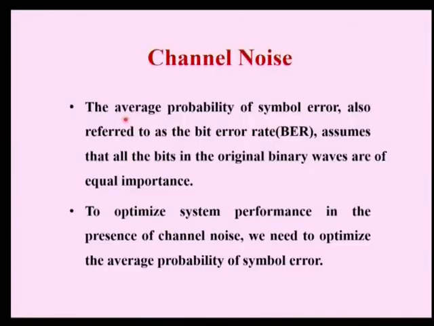Then, using this average probability of error, we can transmit unknown data, and based on this information we can predict the error occurring at the reception side. The average probability of symbol error, also referred to as bit error rate, shortly called BER, assumes that all the bits in the original binary wave are of equal importance.